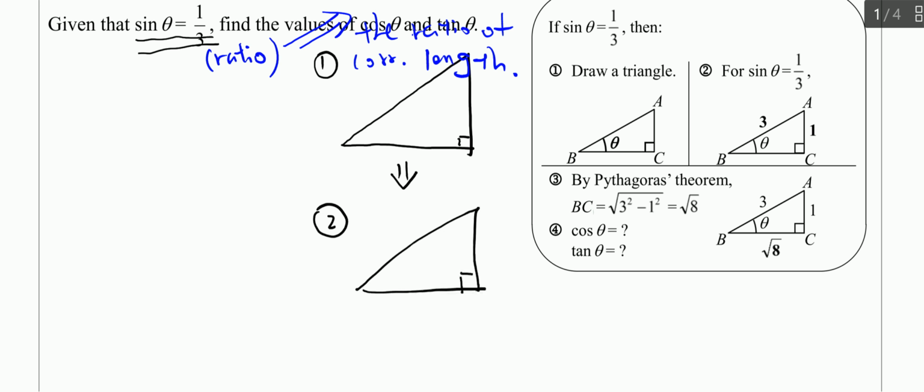You know that sine theta equals 1/3, so for the hypotenuse and the opposite side, that is AB and AC, the ratio should be 3:1, with theta here.